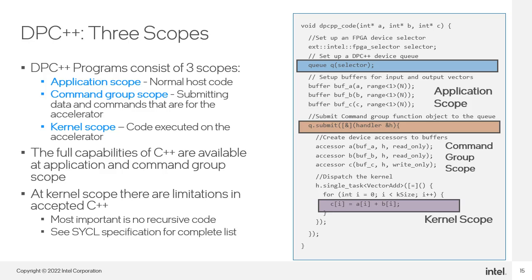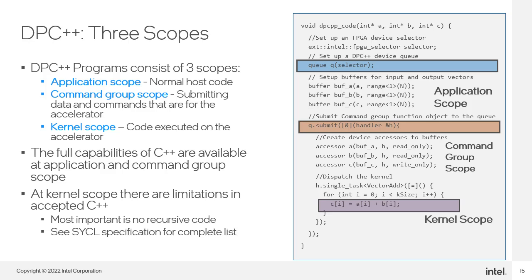The second scope is the command group scope that kicks off when you submit something to the queue. The queue is the line of communication between the host and the acceleration device. We will discuss the queue class shortly. This scope signals to the compiler that the operation will soon be handed off to the acceleration device for execution.